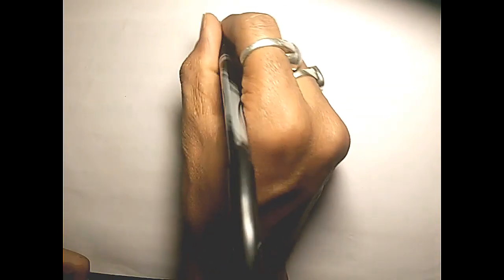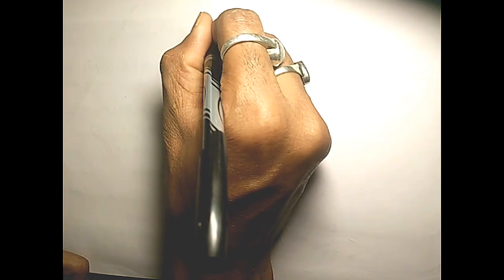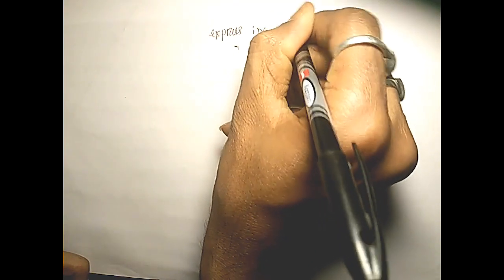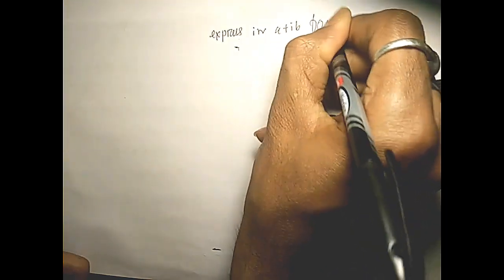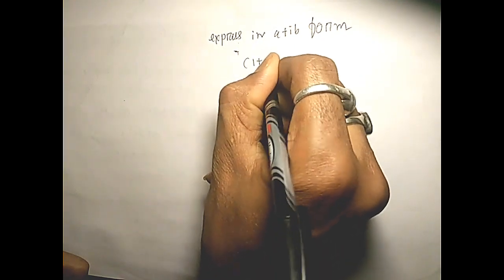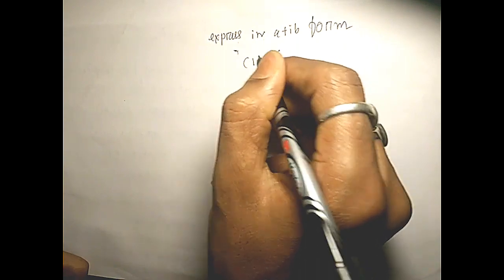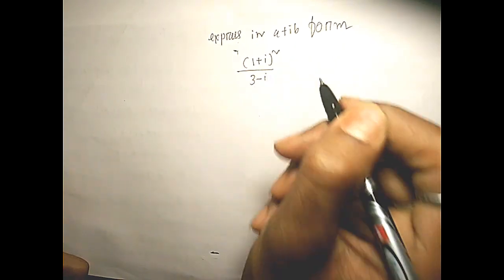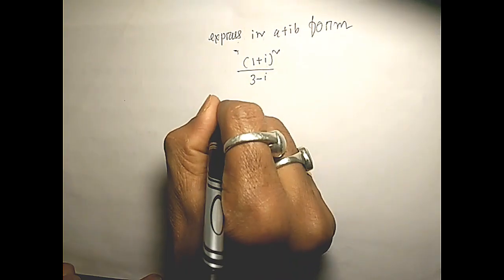So let us discuss one more question. Express in a plus ib form. So here is the question: (1 plus i) whole square divided by 3 minus i.